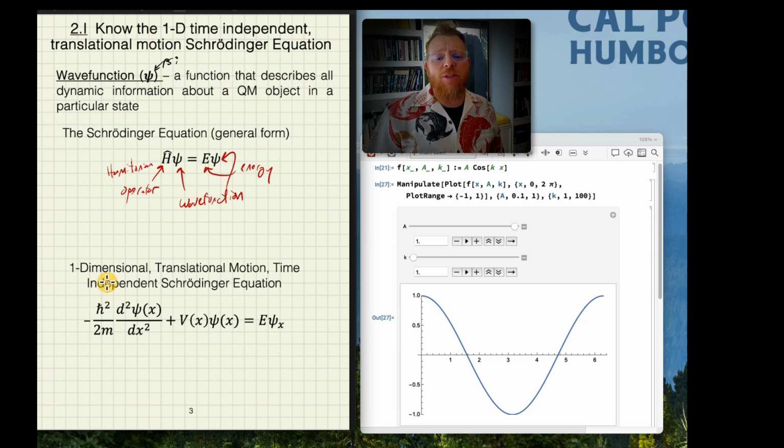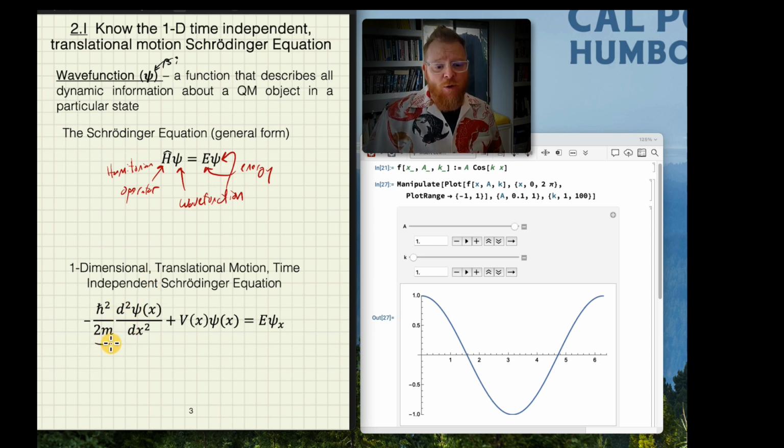So for now, I'm just going to supply for you the results of that when we plug in the total energy Hamiltonian operator. And we get the following for the one-dimensional translational motion, time-independent Schrödinger equation. We're going to see lots of these qualifiers. And it goes as the following: negative h bar squared over 2m times the second derivative with respect to x of psi of x.